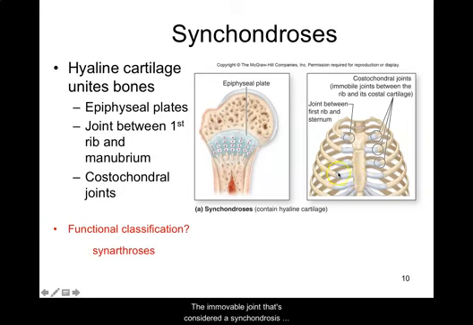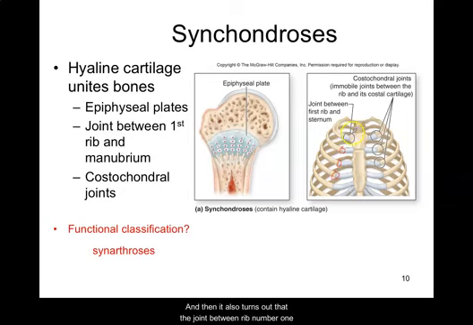The immovable joint that's considered a synchondrosis joint is this joint here. We're going to find that every costochondral joint, so rib to its costal cartilage, rib to its costal cartilage, rib to its costal cartilage, those are the examples of synchondrosis joints that we have here in the rib cage wall. This is a synchondrosis, this is a synchondrosis, this is a synchondrosis.